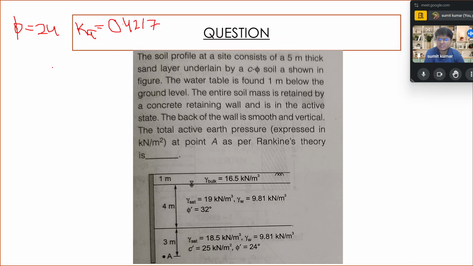Now we will write the equation for PA. So what is the PA?